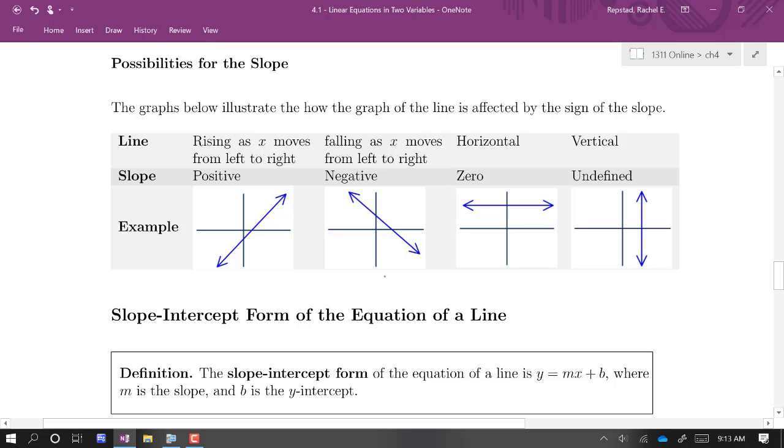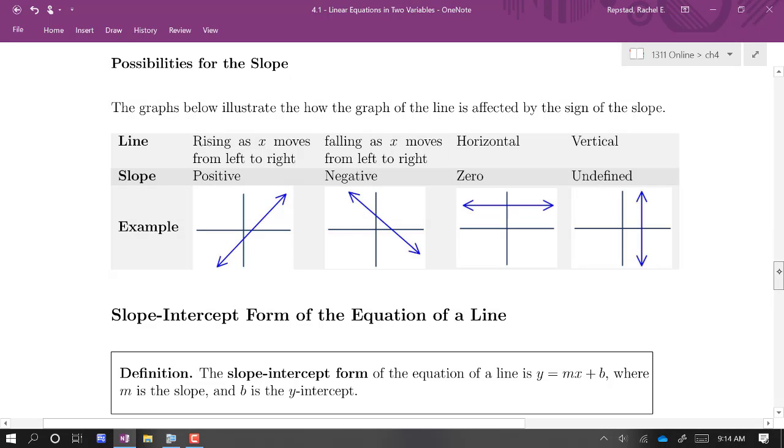If you get a 0 slope, that means it's a horizontal line, meaning it would just look like y equals a constant. If when you find that slope in the formula, it would make you divide by 0, that means it's a vertical line. We say then that the slope is undefined because, of course, we know we cannot divide by 0.